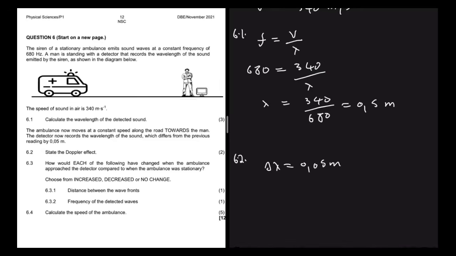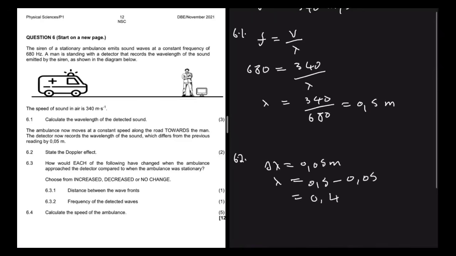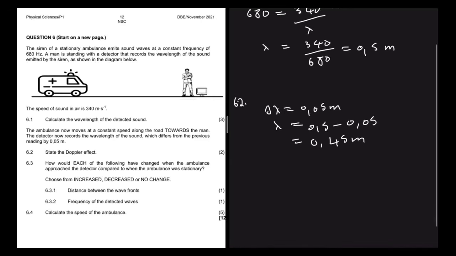So from here, we should know that the new wavelength of the detected sound will be equal to 0.5 minus 0.05, which is 0.45 meters. So far, there's no question asking us to do this, but it's just obvious because I'm reading the statement and I understand what it is saying. So I know that the new wavelength that is going to be detected is going to be 0.45 meters.